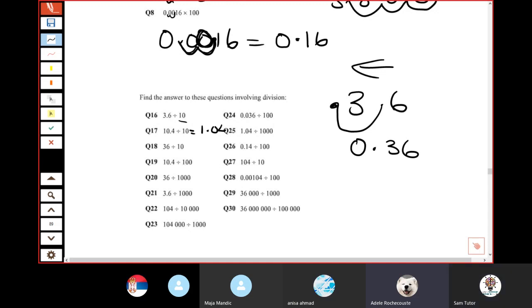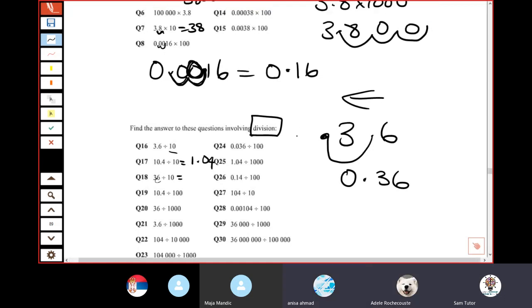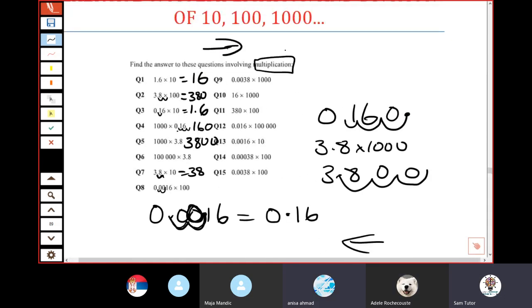Then it will become 1.4, I think. No. 0.04. Correct. 36, Adele, still with you. 36 divided by 10. Gotta go back 1. Why do we go back again? Because we're dividing, and in division you have to go to the left.